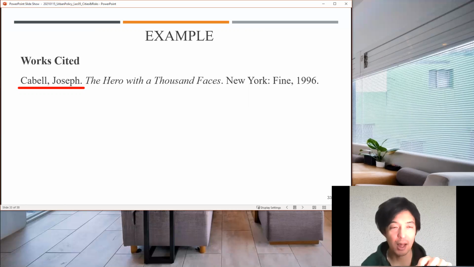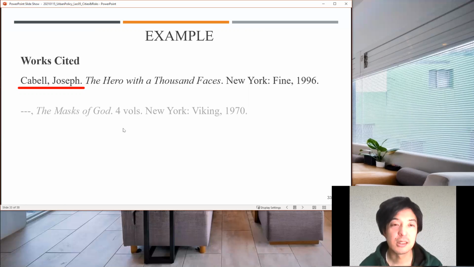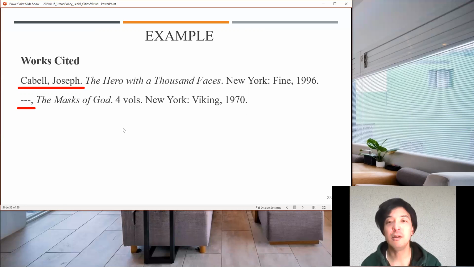And you need a comma between these names, okay? Second, when you use two books or two or more articles from one author, then you don't need to write the author's name again. In such a case, you just need to write ///.